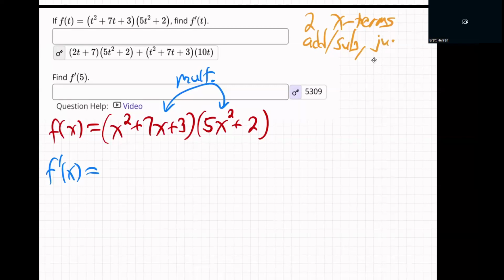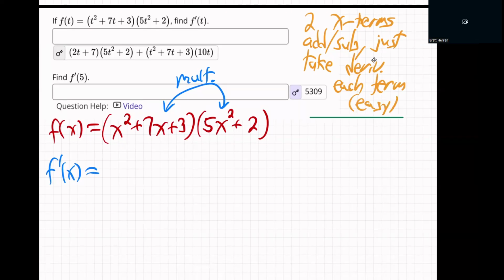Just take the derivative of each term. It's easy. That's in that case, okay, but we don't have that.